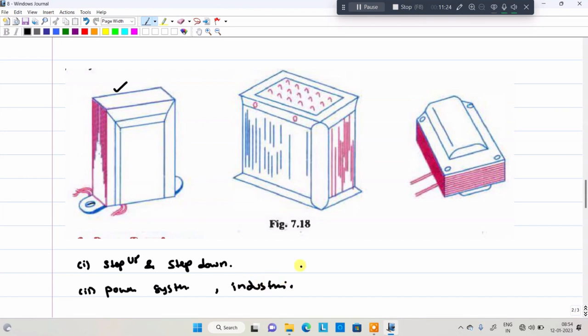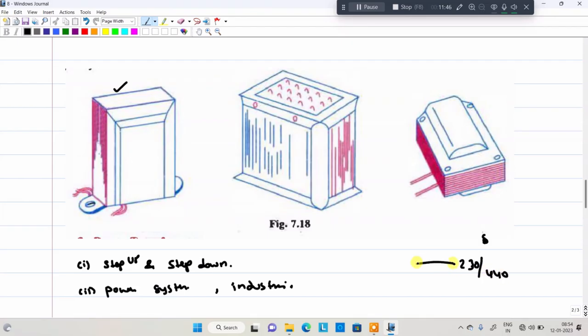Without the power transformer we can't transmit power over long distances. For example, we have a substation, I will tell you, 230 by 440 volt.